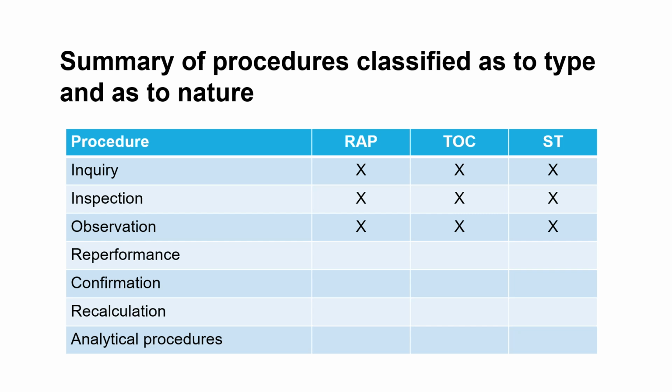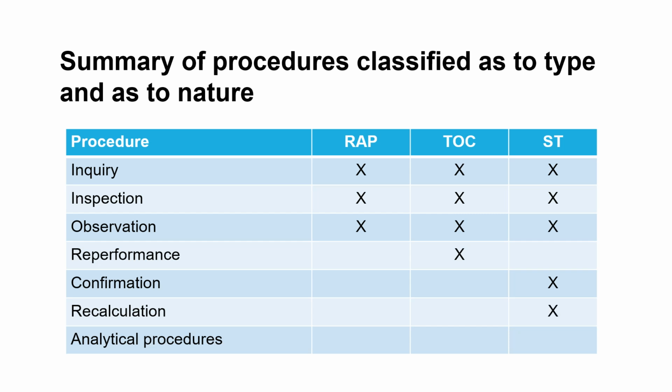Reperformance is reperforming a control activity. So therefore, that is called test of controls. Okay. When you are recalculating, you are reperforming the calculation, then that's a different story, and that should be substantive test. Confirmation is a substantive test. Again, we'll talk a bit more about this in a few.